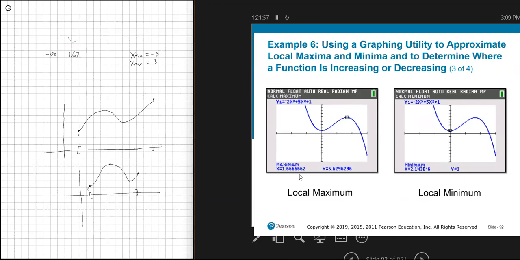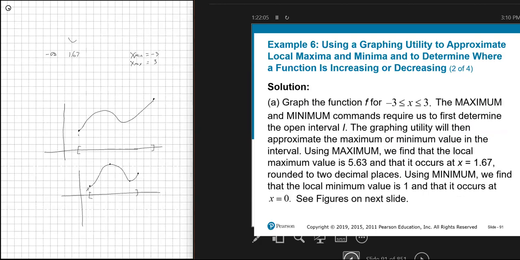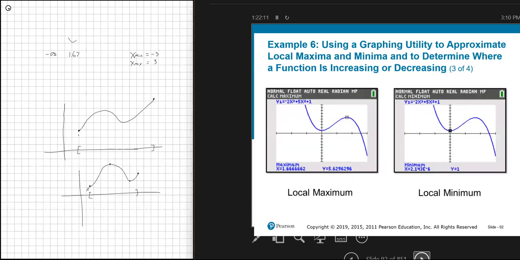no, wait a second. All right, at 0. Yeah.